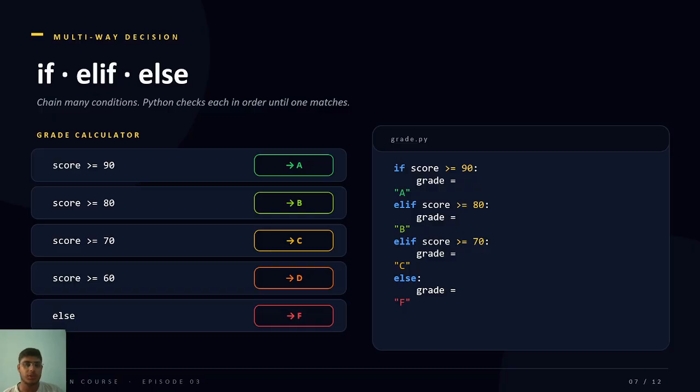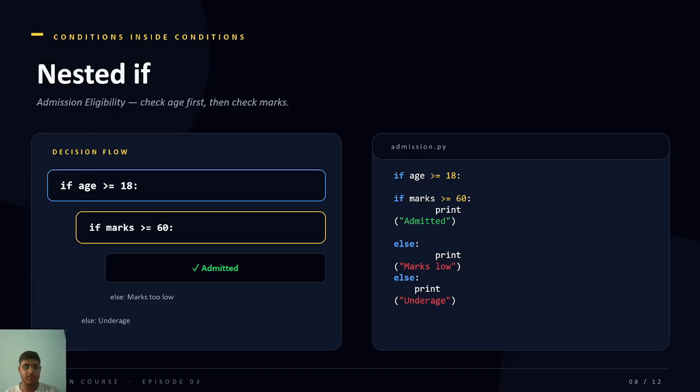Now we will go to our nested if statement. A nested if statement means one if statement inside another if statement. This is useful when one decision depends on another.